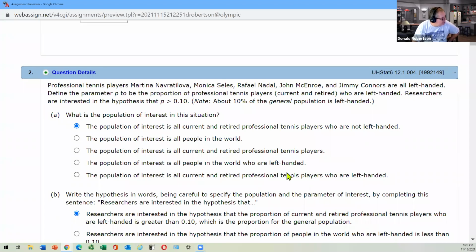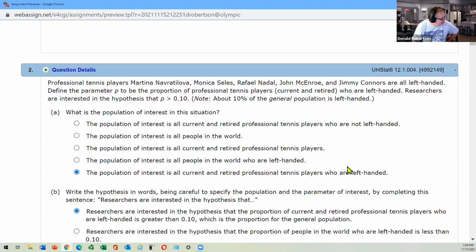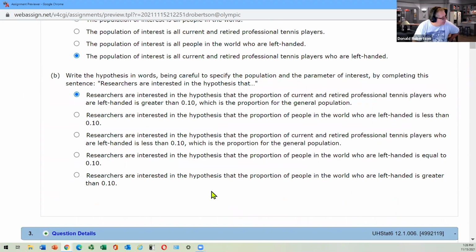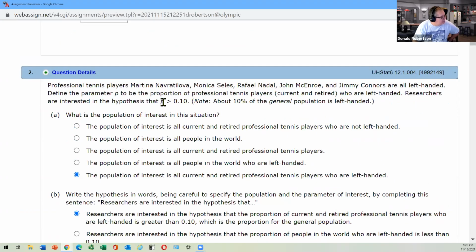Now, the population of interest here is all current and retired professional tennis players who are not left-handed. Isn't it the ones who are? Right. Write a hypothesis in words before and all the usual stuff. Let's read on the story.